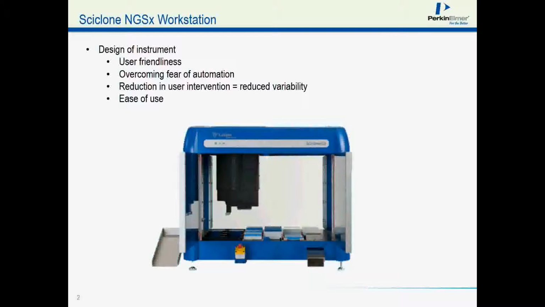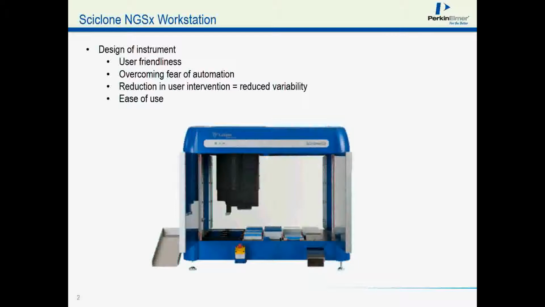One of the things that is important about this instrument is how it's contained and the way we have the deck set up. For all the Sciclone NGSs that we sell, we have a standardized deck. Therefore, any chemistries that we automate, that may come out currently or in the future, all run off the same deck.